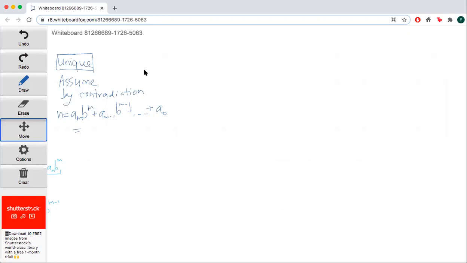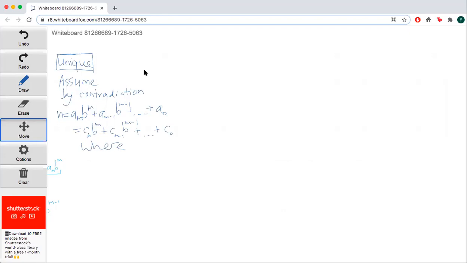I'm going to make these new digits be labeled with c. c_m b to the m plus c_{m-1} b to the m minus 1 plus dot, dot, dot, all the way up until the units digit, where basically there is some digit that's different. Oh, actually, you know what?